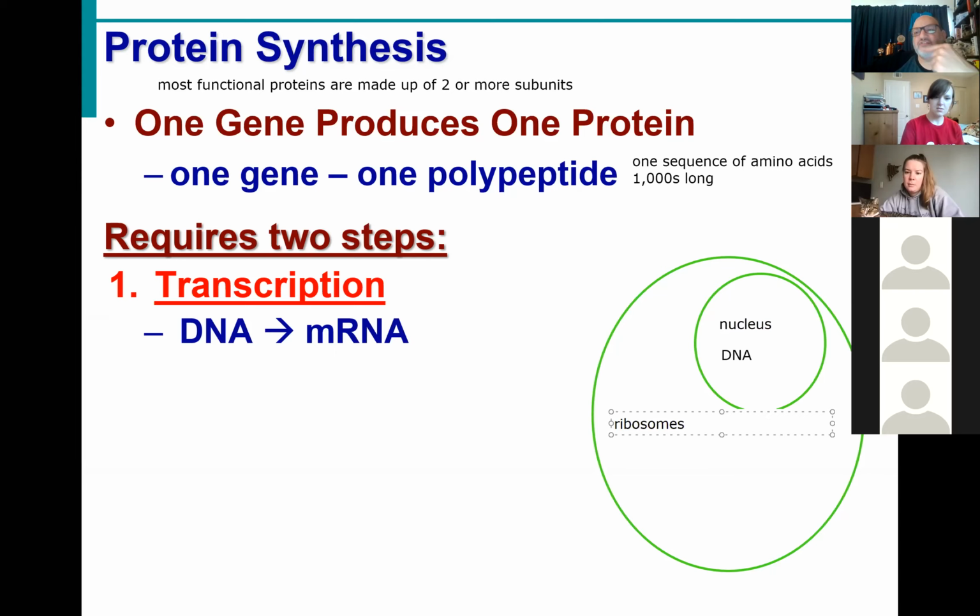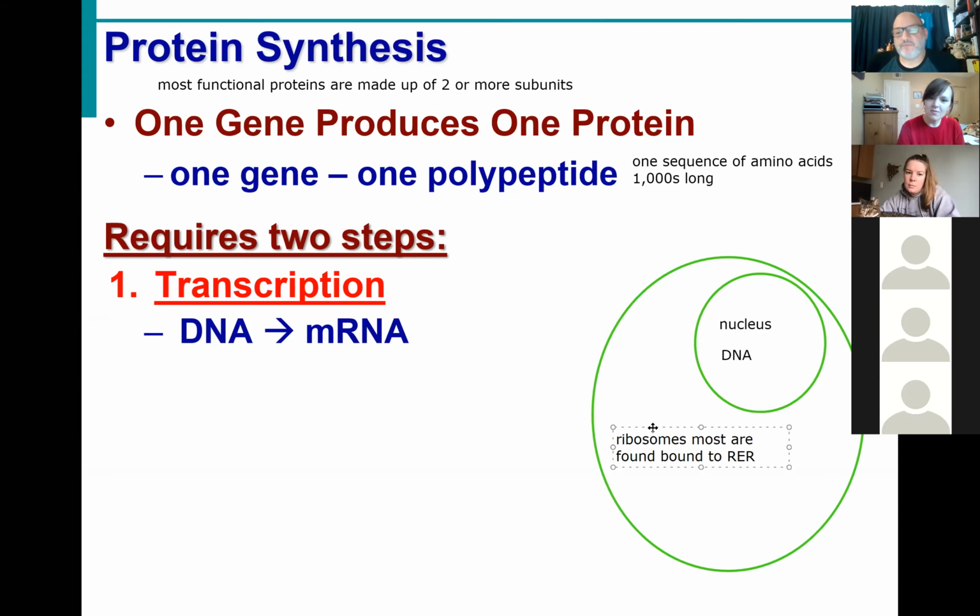Yeah, there are some free floating, you're absolutely correct, but most are found bound to the rough endoplasmic reticulum. And again, I'm going to abbreviate it because of space and time. Most bound to the rough endoplasmic reticulum, which is out here in the cytoplasm.